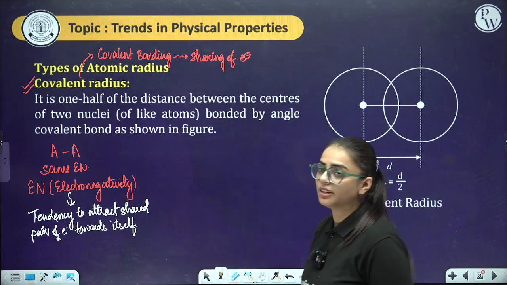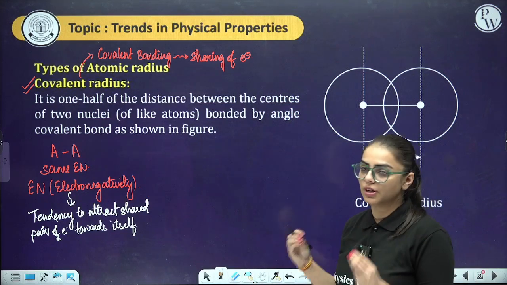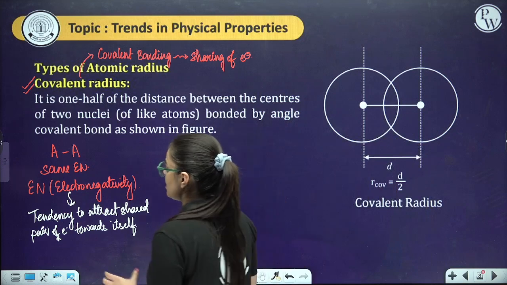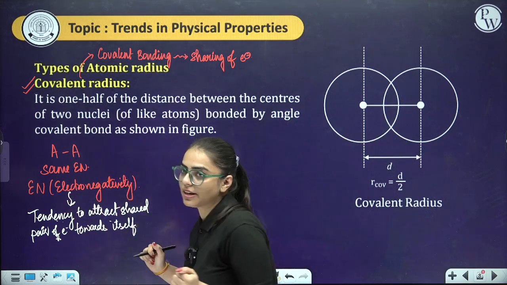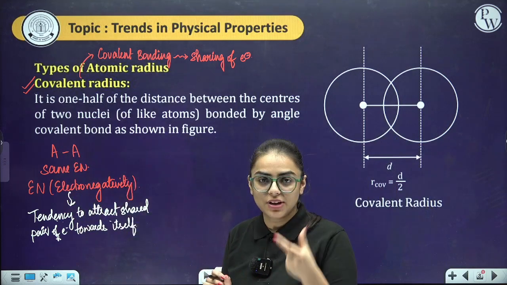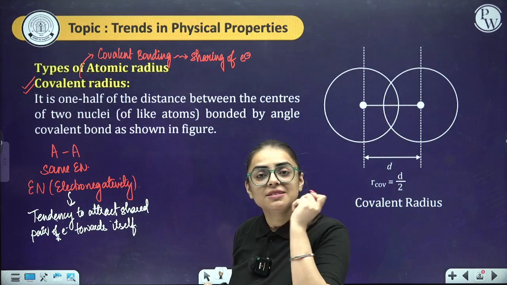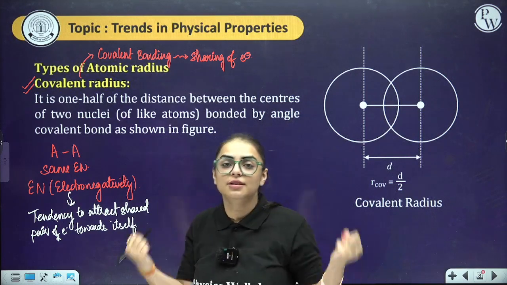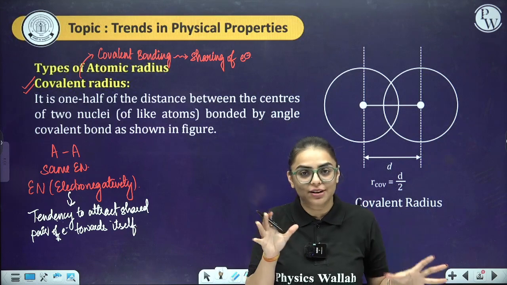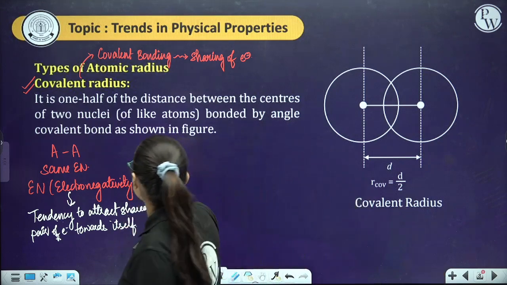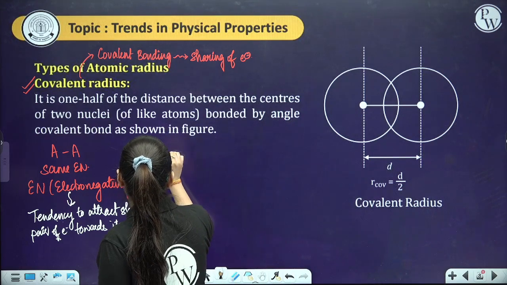What is electronegativity? The tendency to attract a shared pair of electrons towards itself. Let us consider, if they have AA, that means they have the same electronegativity. That means they are sharing equal parts of the single bond, an equal percentage of the electrons in the single bond. But let us take the case where I have A and B.